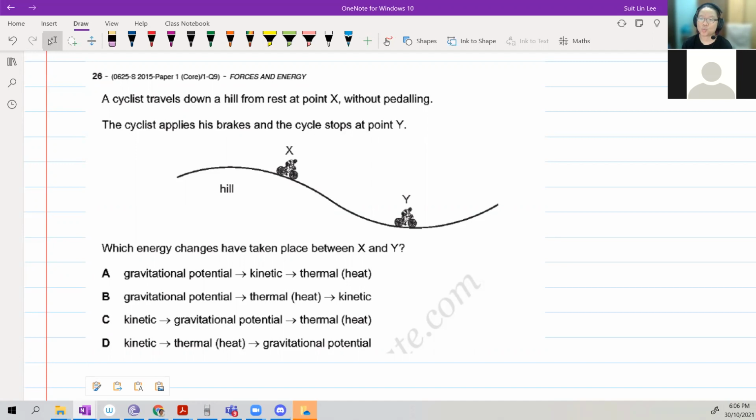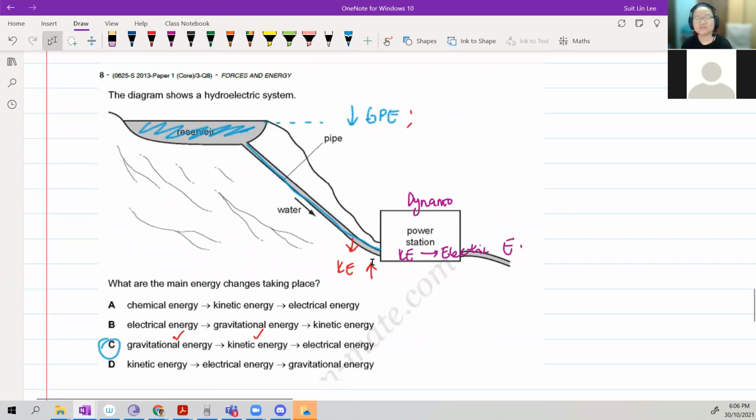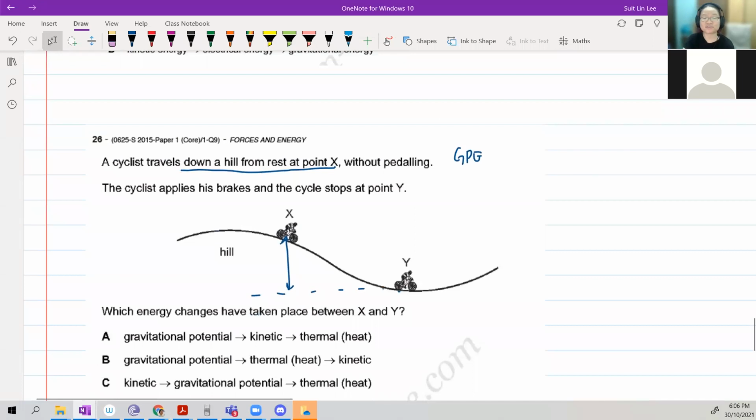So when you travel down the hill from rest, it means that you have GPE because you're at a certain height. Very much like the water, as you travel downhill, you will go faster because of gravity.